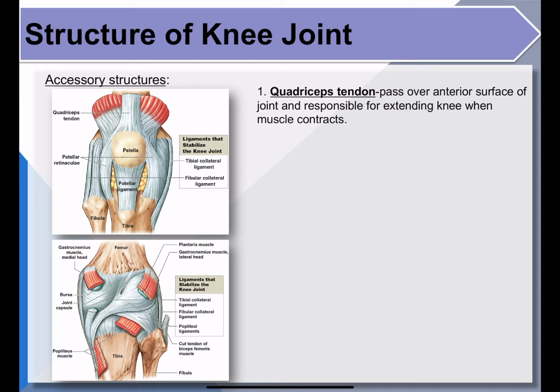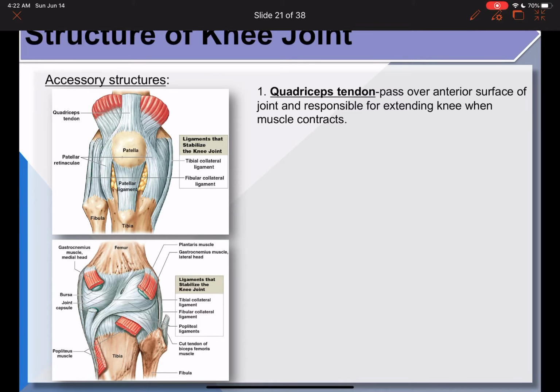Because this knee joint is something we move all the time, there are quite a bit of ropes and wrappings that go around this joint to ensure that it doesn't move out of place or fall apart easily, or else we can't walk when our knee joint is not stabilized. So the first of those is called the quadriceps tendon.